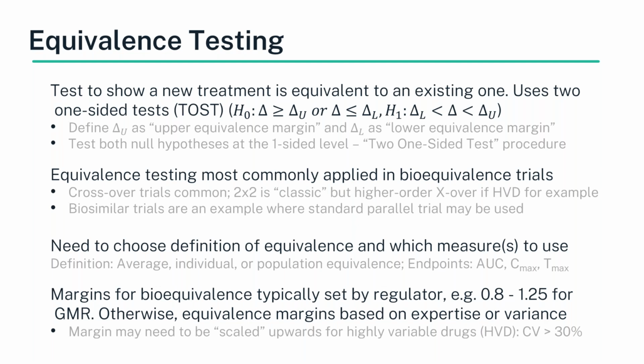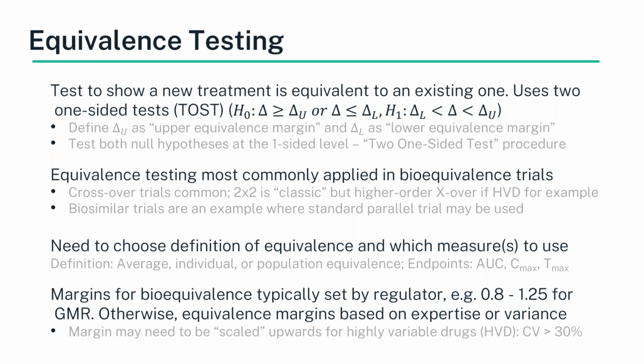In the case of bioequivalence, the margins are typically set by the regulator. For example, the FDA often requires the geometric mean ratio of the AUC or the Cmax to be bounded by 0.8 and 1.25. This is because when you're dealing with ratios, you want the bounds to be reciprocal of each other.